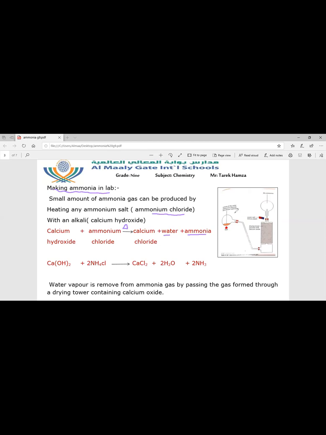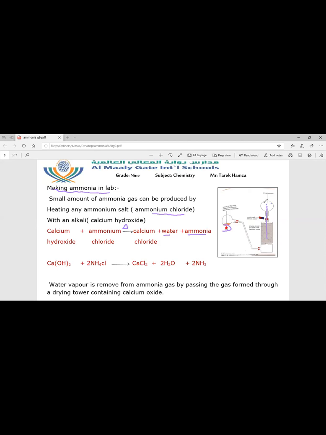Put ammonium chloride with calcium hydroxide and apply heat. The residue here is calcium chloride still in the cylinder, and ammonia gas is evolved in this opposite cylinder.